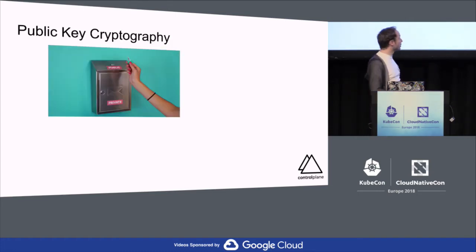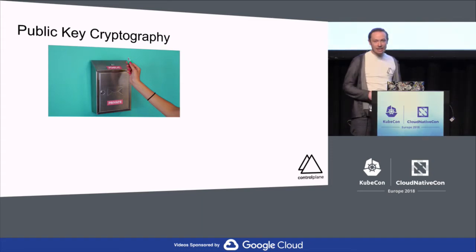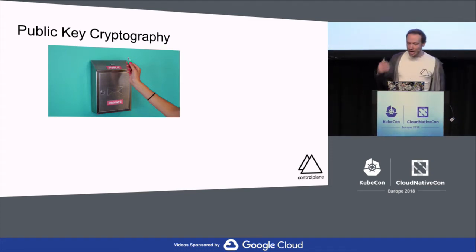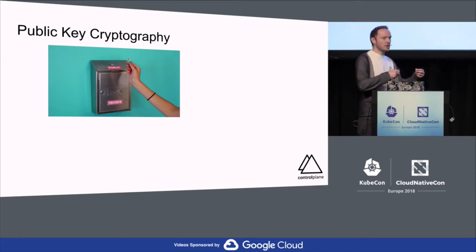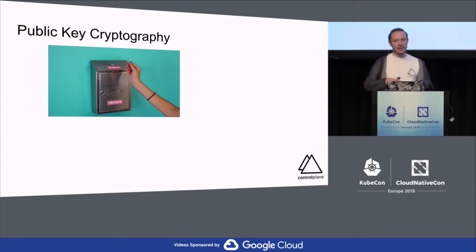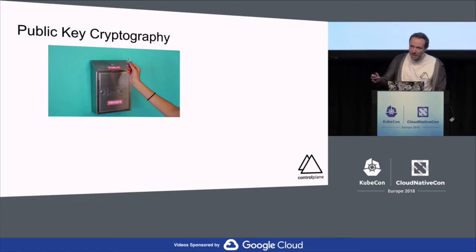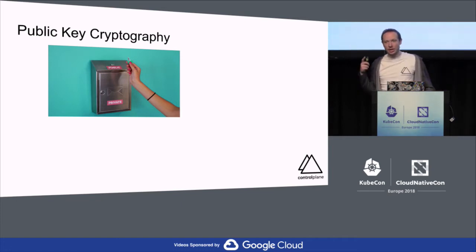So simply, asymmetric public key cryptography is a way to encode a secret using a public piece of information that the recipient, the target, has publicly shared, and we can use that to establish a shared secret, which we then use to encrypt the message in a way that only the recipient can decrypt it.